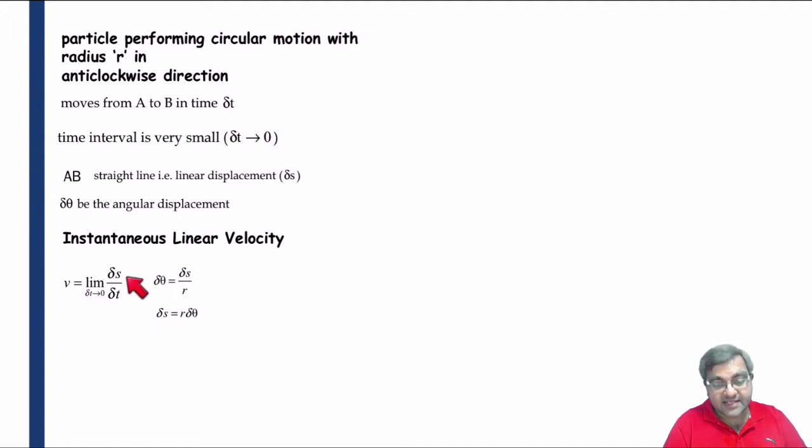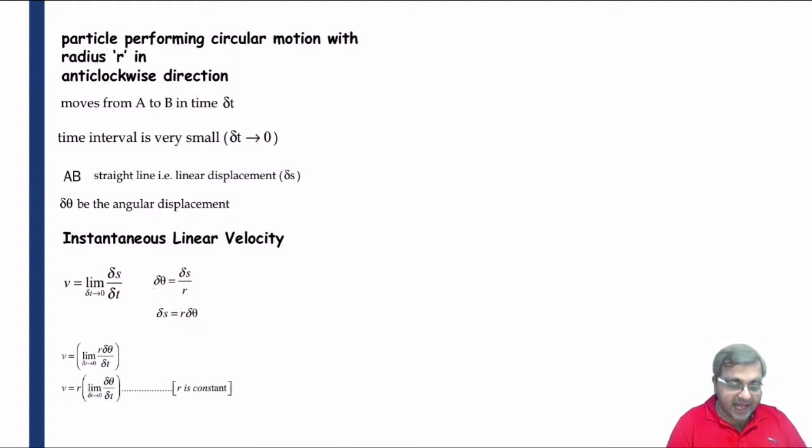So instead of delta s, I will be substituting r delta theta. I get limit delta t tends to 0, r delta theta upon delta t.